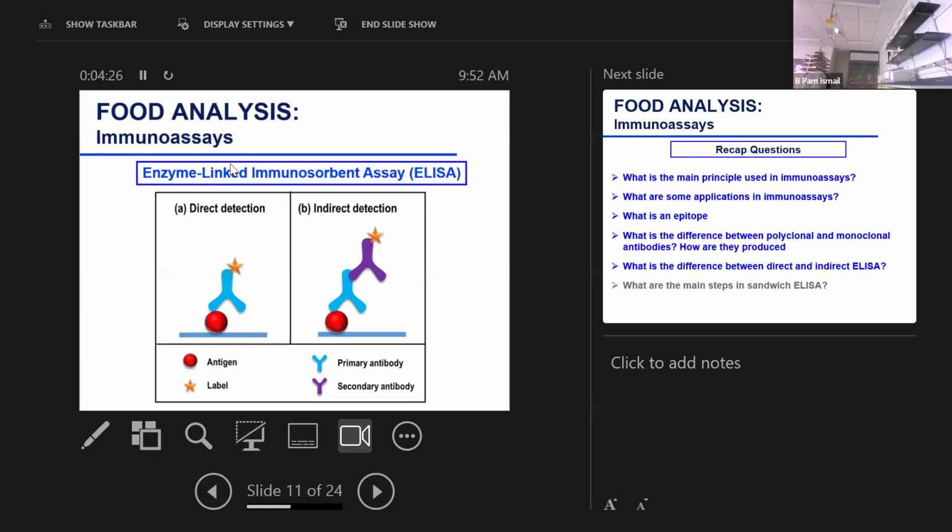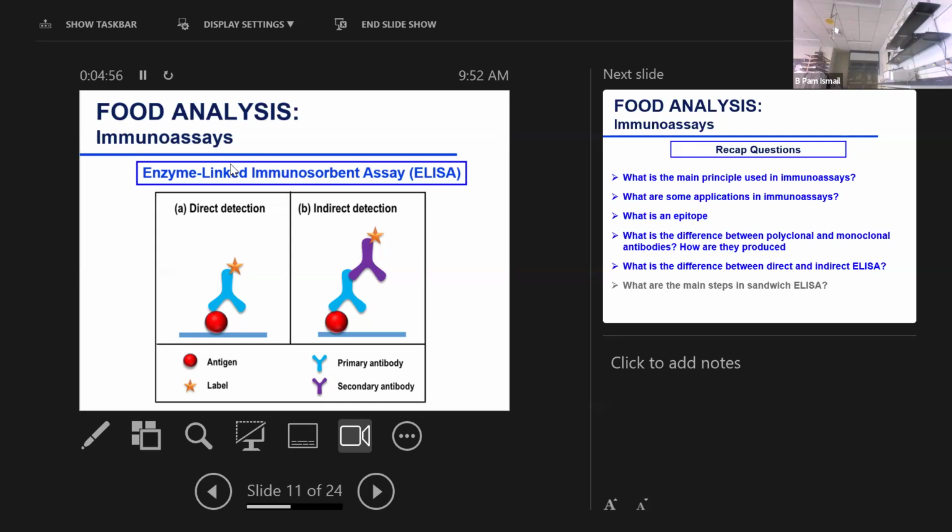The primary antibody is the one that recognizes the antigen. If it is labeled with the enzyme, labeled meaning the enzyme is bound to the antibody, which we use to add a substrate and produce a product that we can determine absorption for, then that's direct detection. So your antibody is labeled.